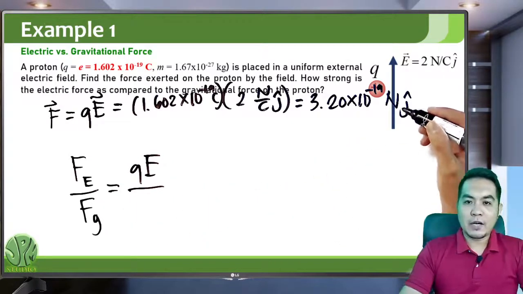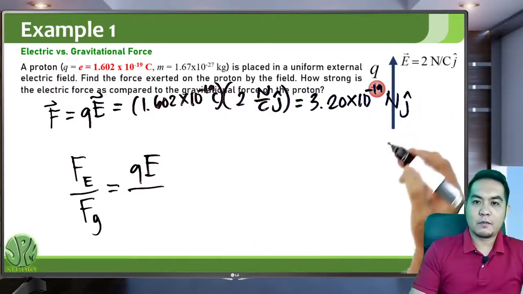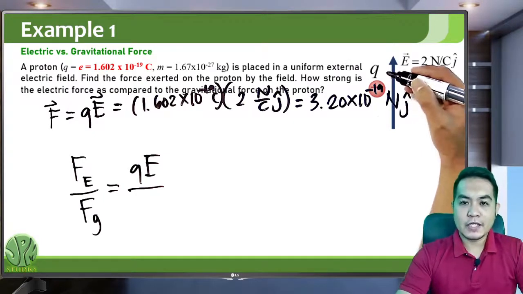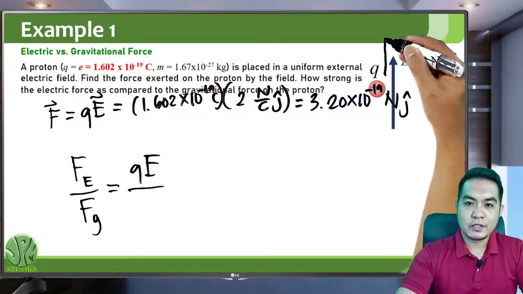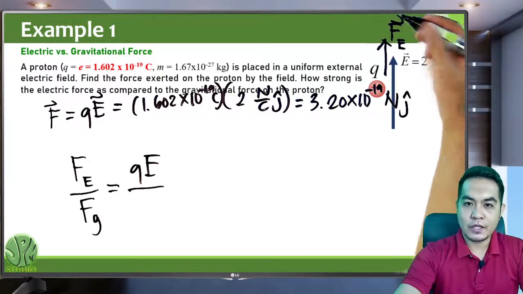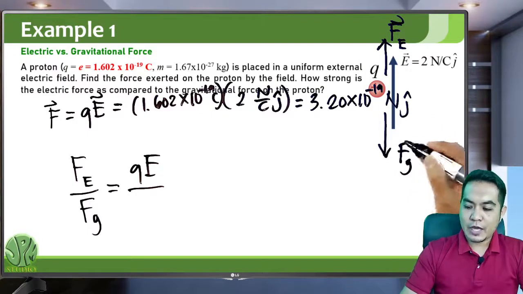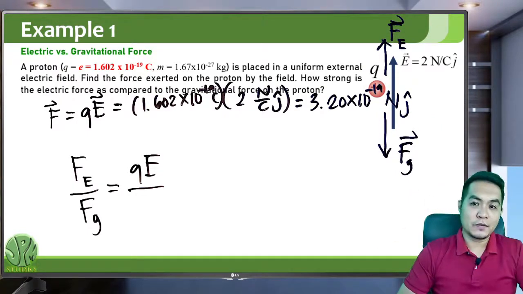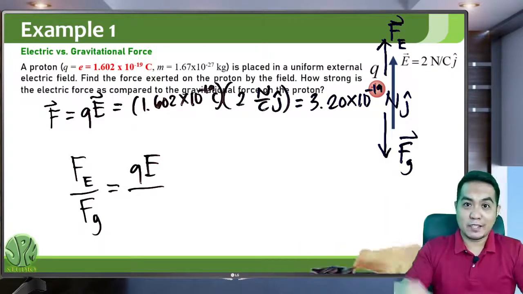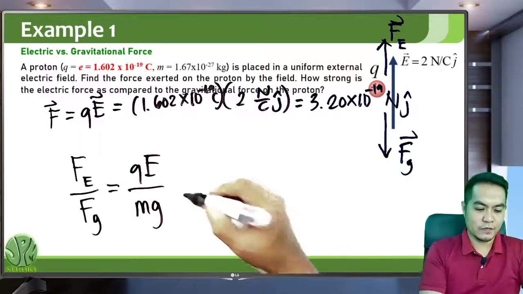So in our case, for the positive charge Q, the proton, there is an upward force acting on it due to the electric force, and there is a gravitational force acting on it downwards. So there are two forces. Take note, gravitational force is always directed downwards, and it has a magnitude of m times g.